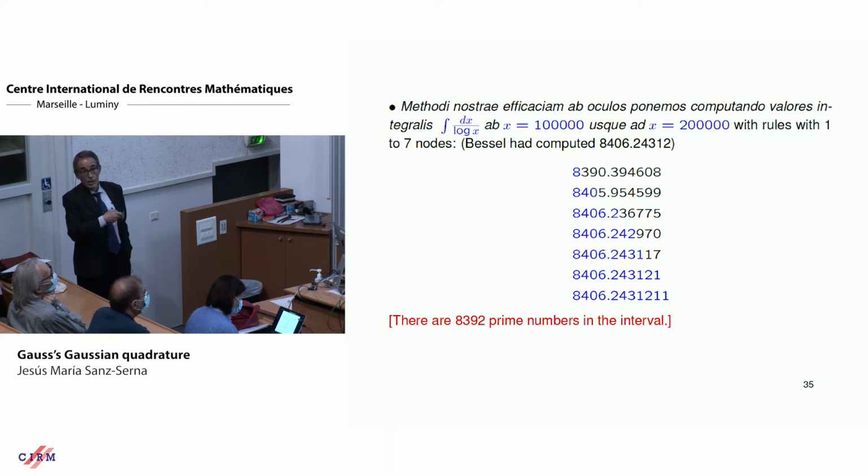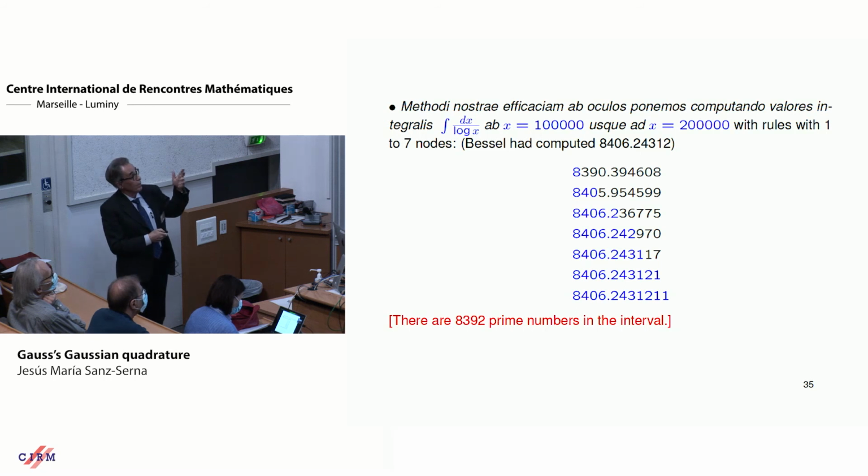So the length of the interval is very long, but of course the function hardly changes. It has very small derivatives. And then he informs us that Bessel had computed this integral to have this expression, and then he computes with 1 node, 2 nodes, 3 nodes, and up to 7 nodes.